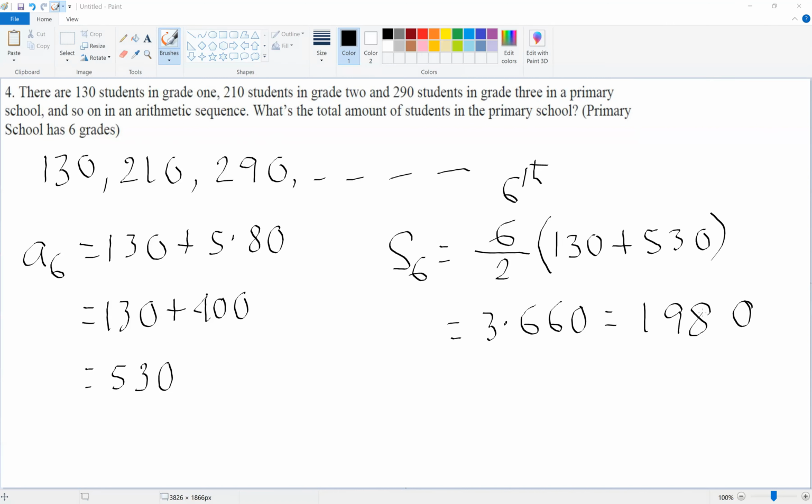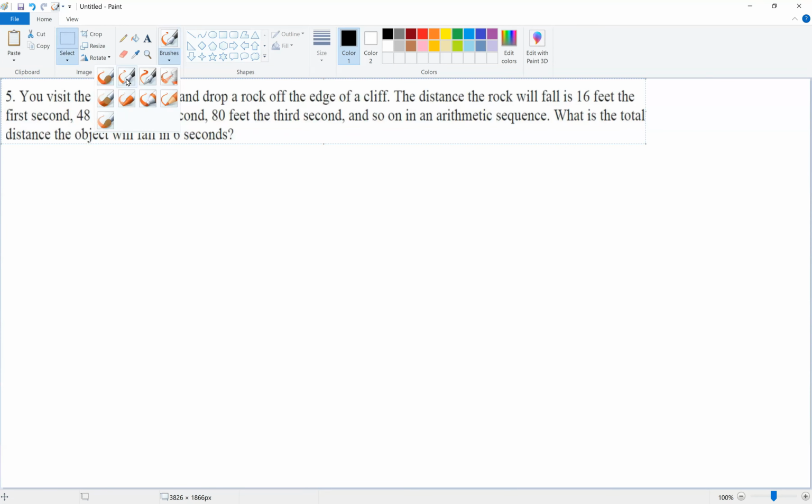Cool. Nika, number 5. So the first term would be 16, the second would be 48, and the third would be 80, and they're trying to figure out what is the sixth term.